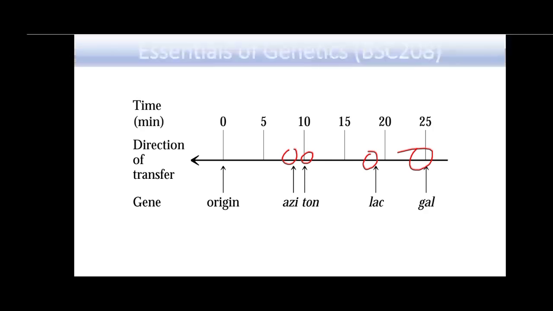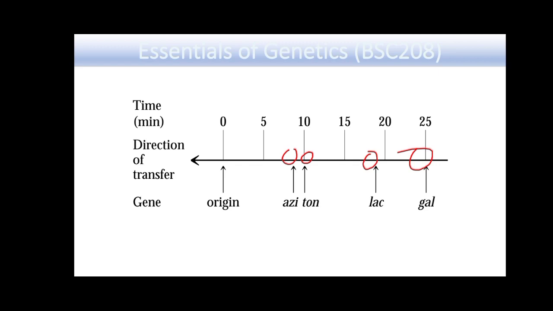So, in this way we can interpret which gene is coming first and which gene is coming later, by growing the cells after different intervals of interrupting the conjugation.